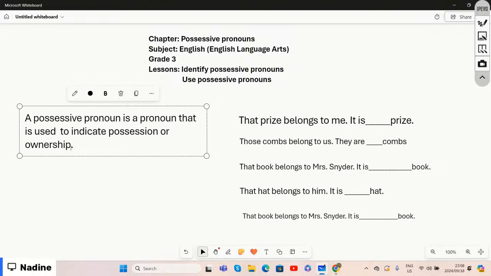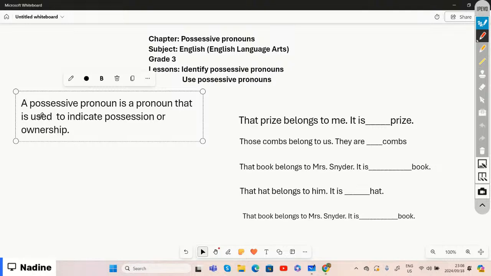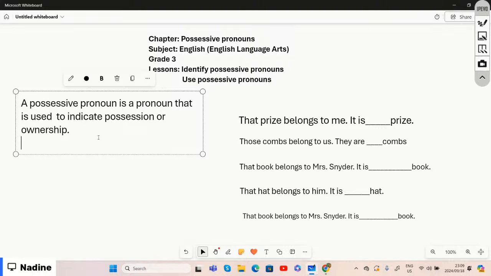A possessive pronoun is used to indicate possession, or it indicates ownership of something. And if we look at an example, right? If we were to say, this is my pen, right? Or let's say the pen is mine.